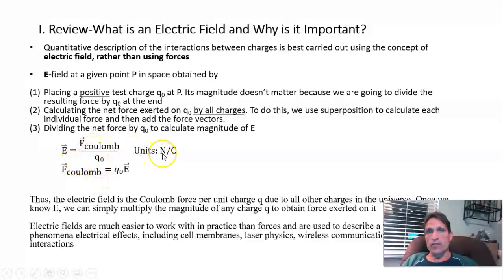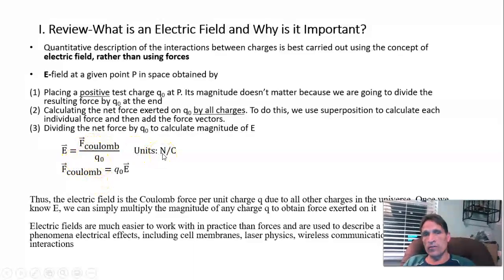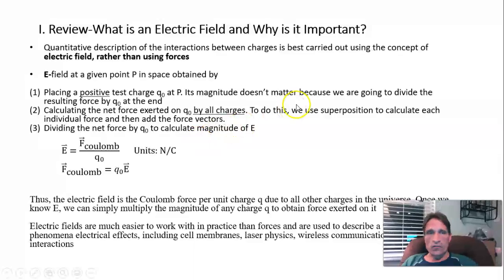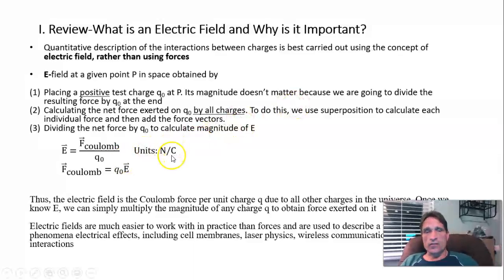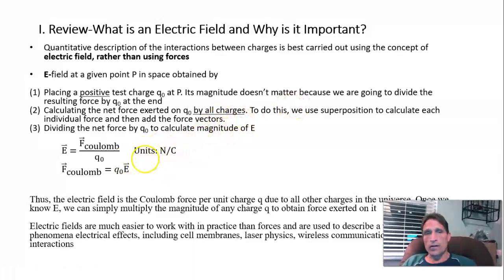So the electric field is in units of newtons per coulomb. In other words, the electric field is how many newtons of force is exerted for each coulomb of charge placed at that point.